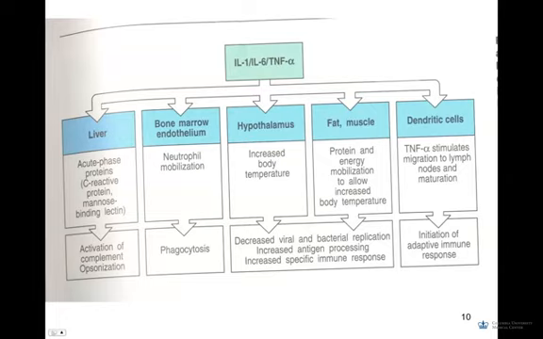So interleukin 1, interleukin 6, and TNF alpha, as I mentioned, they act on the liver and they increase the production of acute phase response proteins, namely C-reactive protein, mannose-binding lectin, and that helps activate the complement system. These proteins can also act as opsonins.